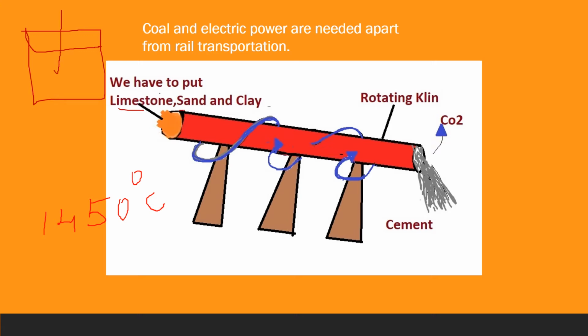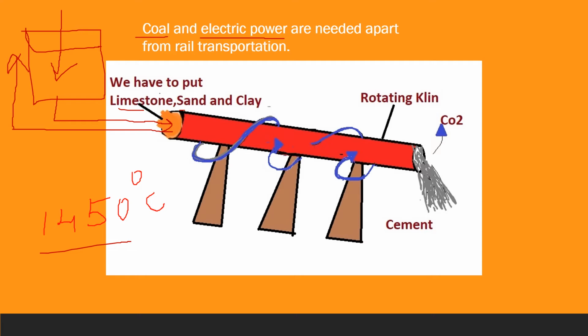It will be carried towards the kiln with the help of a pipe. And there will be a pipe which brings out the heat which will be let out through the chimney. And this kiln is heated to 1450 degrees centigrade. The kiln is rotating and this heating is done with the help of coal and electricity.